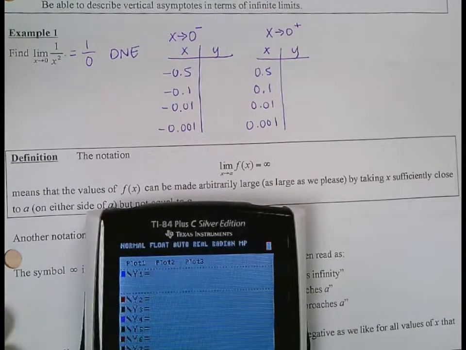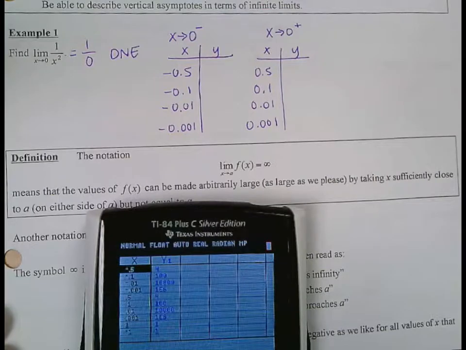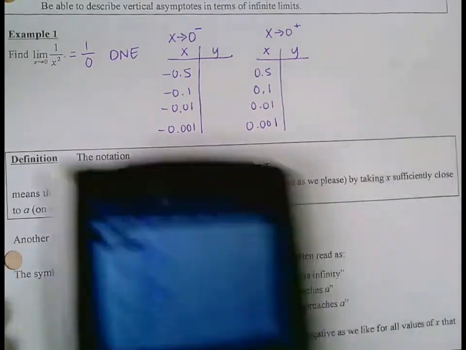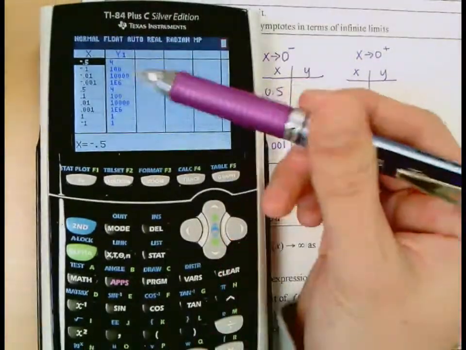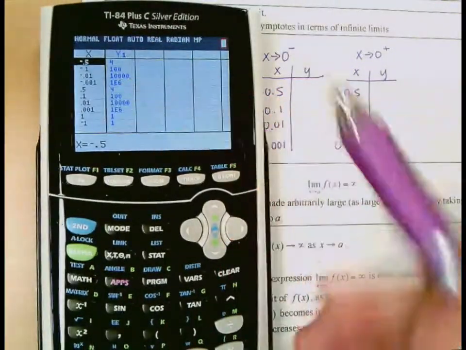So my function is 1 over x squared. And I actually have these values typed in probably from the last time I did this. And it will change your y values when you change your function in there.